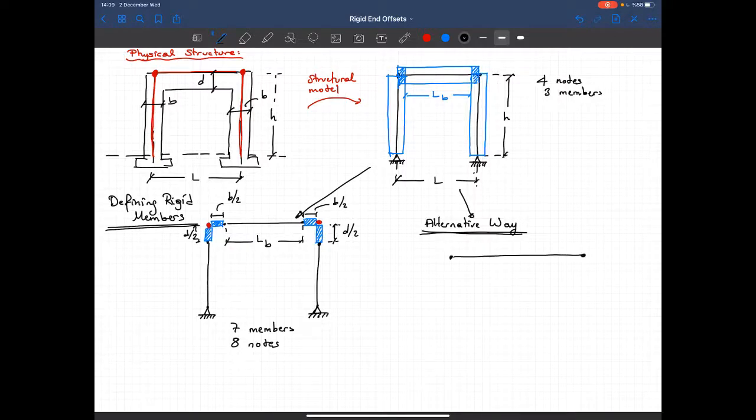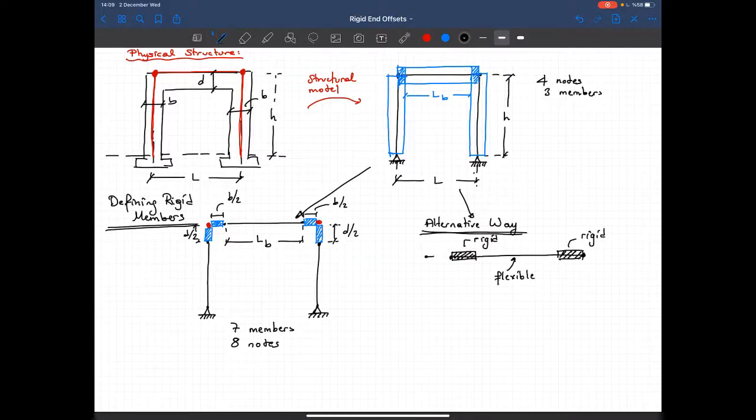Okay, so I have a new element here. Some portion of it is rigid. The ends of that member are rigid, and the middle is flexible.